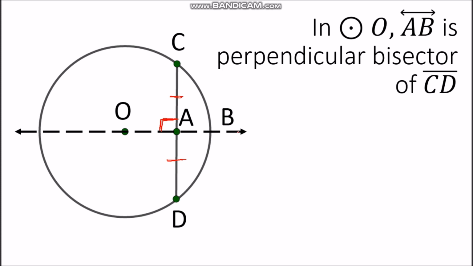Now, if you see the line, it passes through the center, which is point O. So this is what the theorem states, that whenever you have a perpendicular bisector to a chord, it will always pass through the center of the given circle.